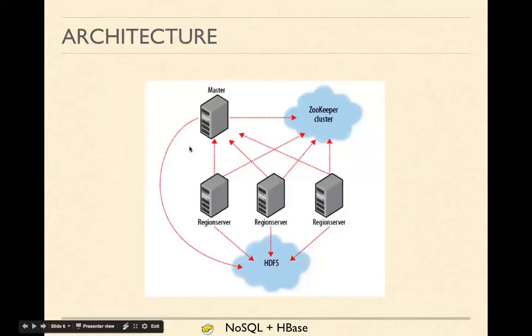In other words, this is how it looks. On one hand, there is HDFS, on the other hand, there is a Zookeeper cluster. The master depends on the Zookeeper cluster, and the master talks to HDFS for storing the information, and queries Zookeeper to find out its region servers. As soon as a region server comes up, it informs Zookeeper that, hey, I'm up.